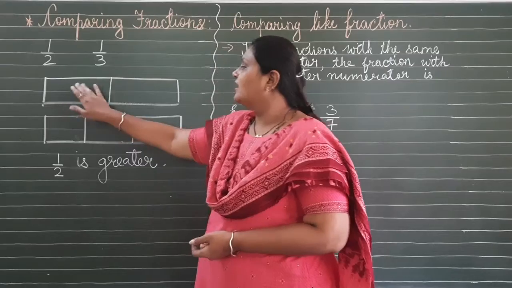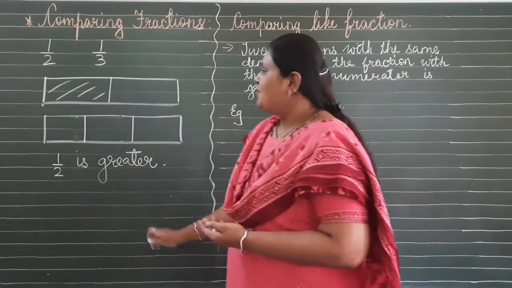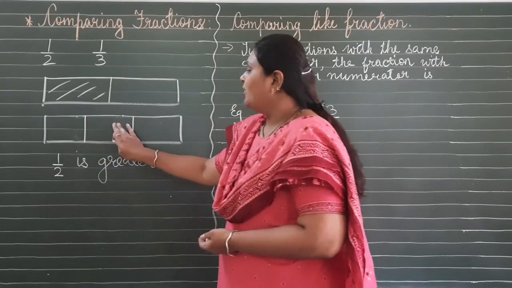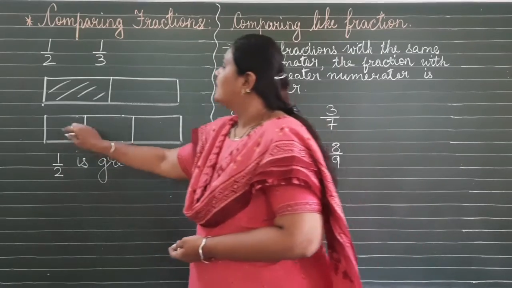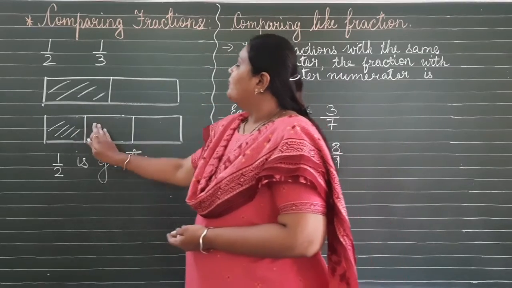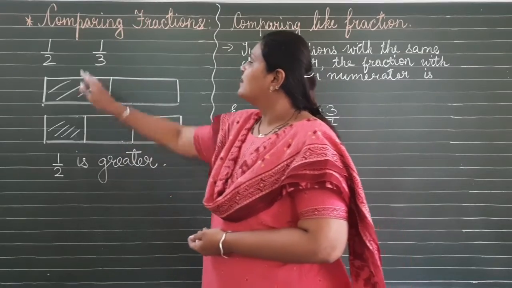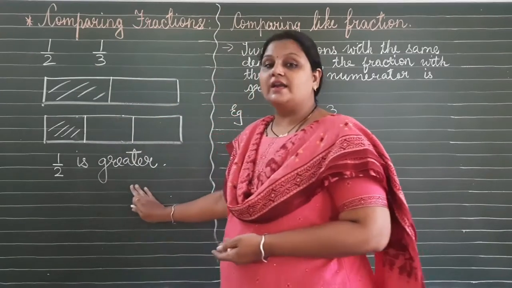It is covering greater region or it is covering greater part. Same as while we are doing 1 upon 3 means 3 parts. The region of the particular fraction is smaller. So here it is very clear that 1 upon 2 is greater.